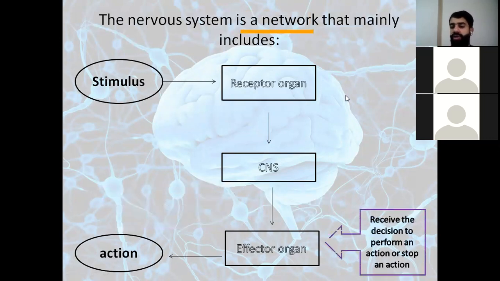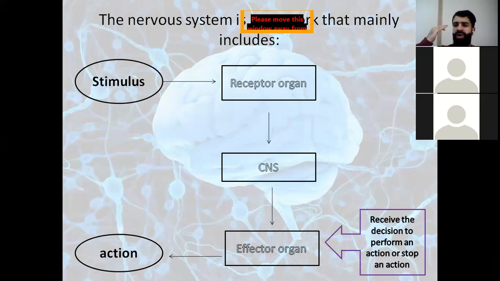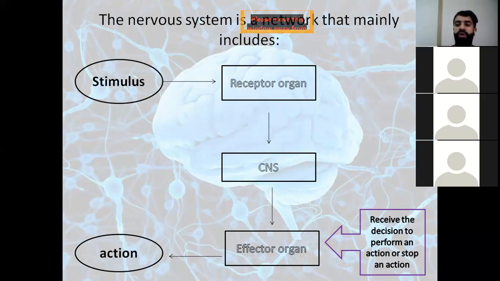Then a message is transmitted to the effector organ to take the proper action. So here, the effector organ receives the decision from the central nervous system. For example, my brain says, Ali, do this, carry the bottle, carry my phone, close the laptop, use your phone, drink water. So this is the decision that I took from my brain or the spinal cord, either to take an action or to stop.